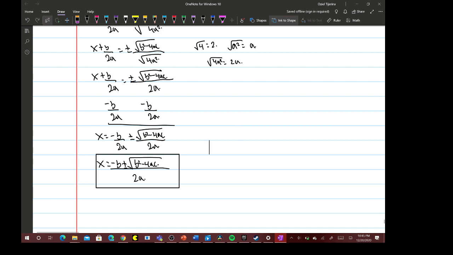I mean, we can use other methods, but some people like doing it this way, and it's the easiest for them. I like doing it this way, especially for those really hard quadratic equations that don't have such a clean solution.